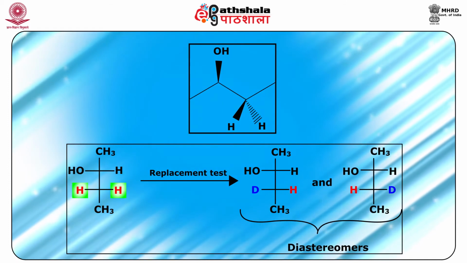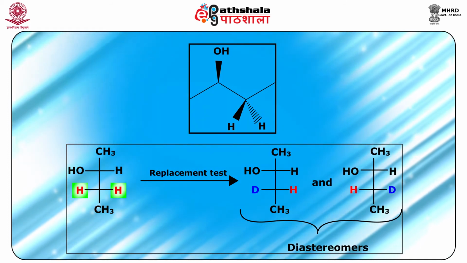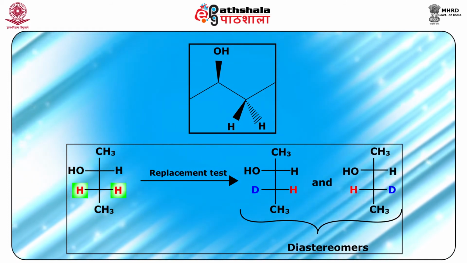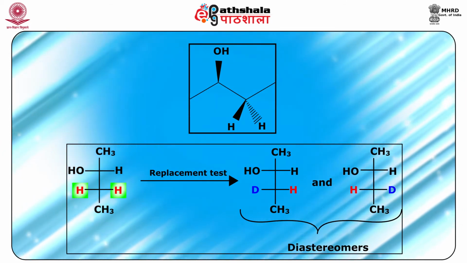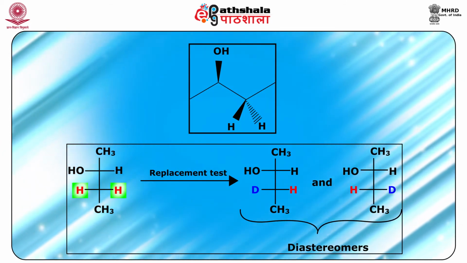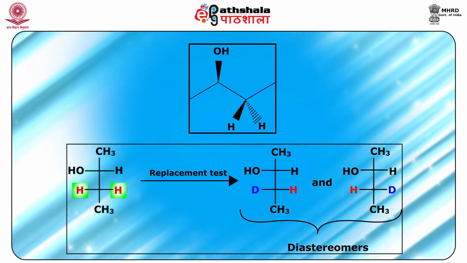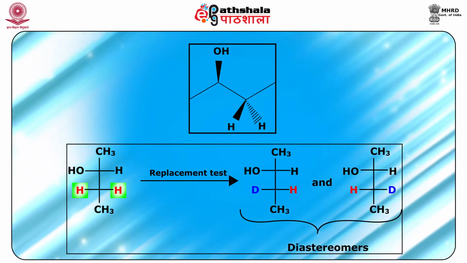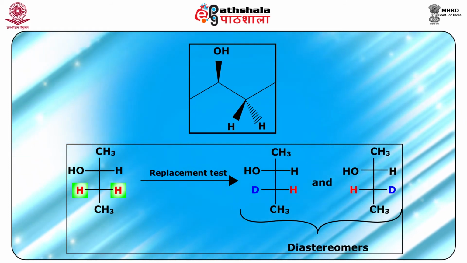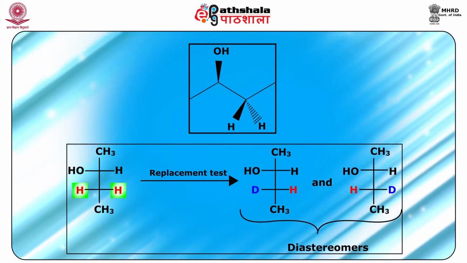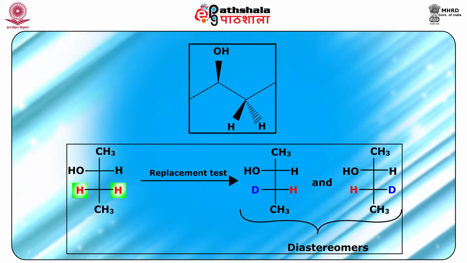Therefore, these two protons are not chemically equivalent. If you replace these two hydrogens with another atom or group, say deuterium, each at one time, and if it produces a pair of diastereomers, then these protons are known as diastereotopic protons, which have different chemical shifts and show two signals in the NMR spectrum.